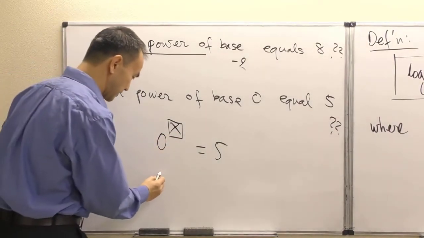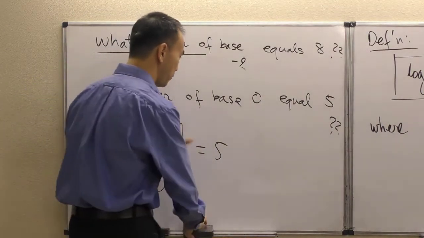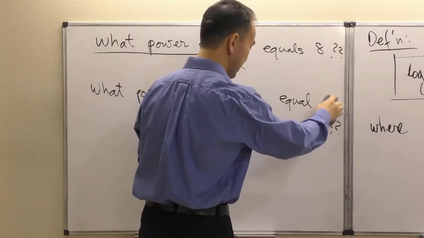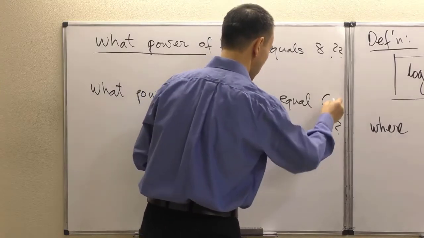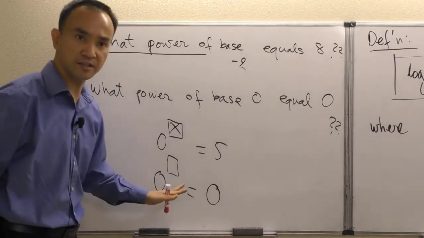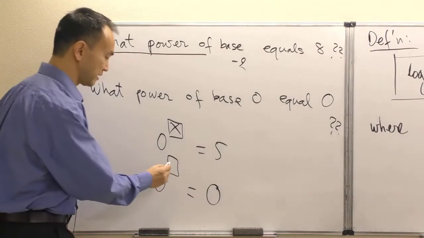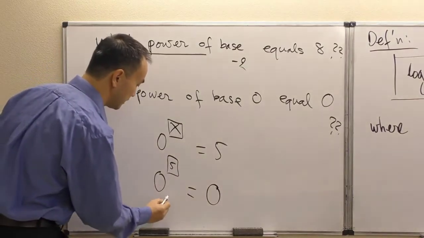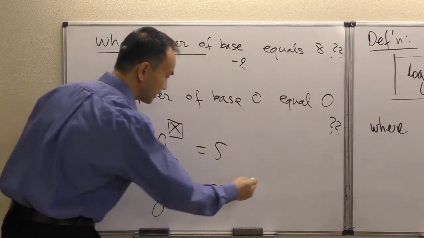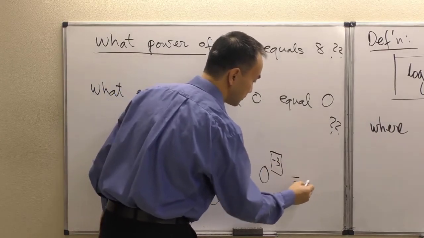Now there's a case where the question happens to ask what power of base 0 equals 0. Then it's still scary in the sense that there can be infinitely many answers. There can be a 5 here, a 6 here, and a negative 3 here, all equal 0.